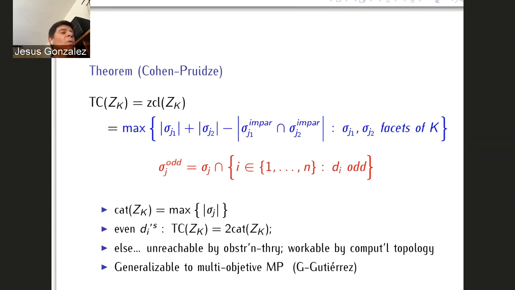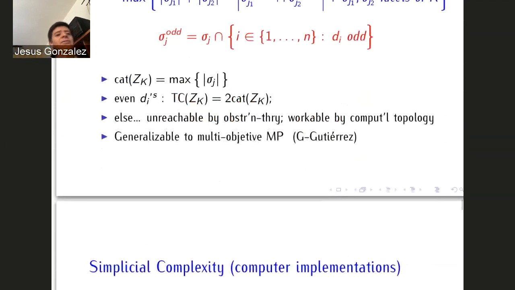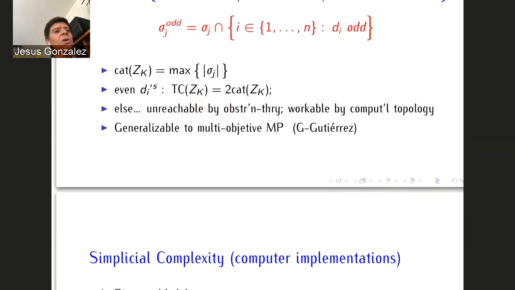So what Cohen and Pruzzi did was to actually produce explicit algorithms for producing local rules for planning the motion. And not only that, but these kinds of results are generalizable to higher topological complexity, and also scream out for the need of having a way to produce algorithms, ways of producing motion planners in a more systematic way.